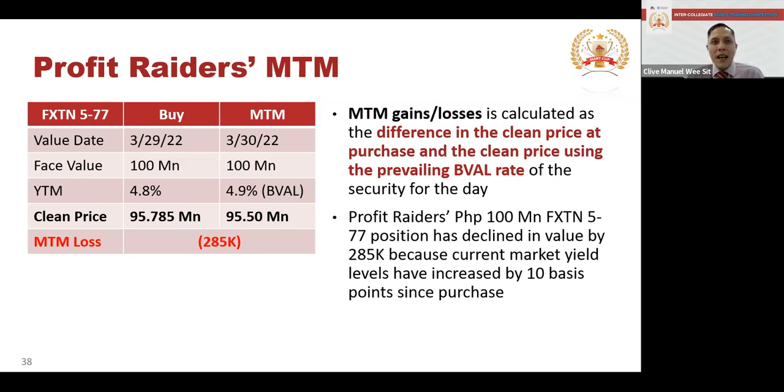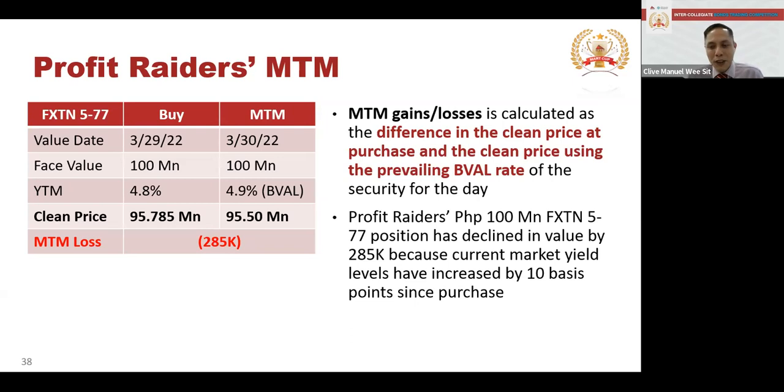Kumbaga parang banks, the treasury business, the financial markets and trading business is really a risk-taking business. And the shareholders, the board of directors, are cognizant that it is really a risky business. So they allow the banks to take on these risks because if there's a potential to lose, there's also potential to make money.